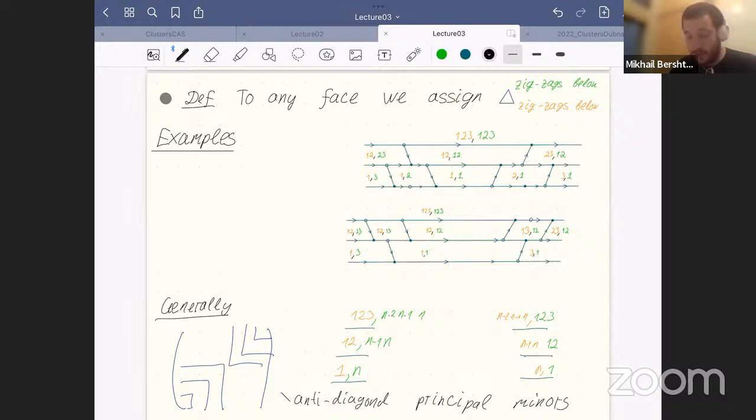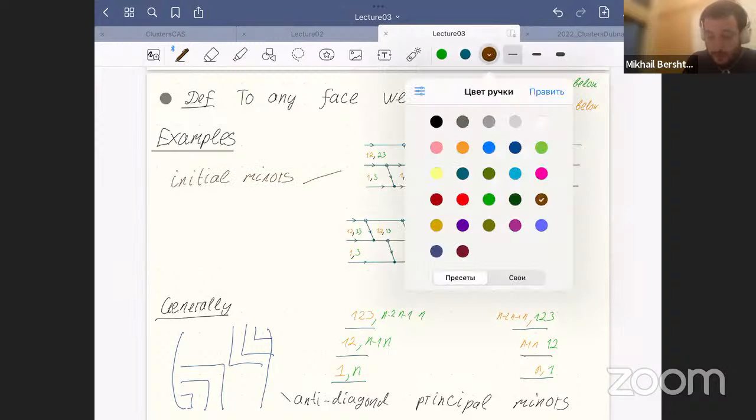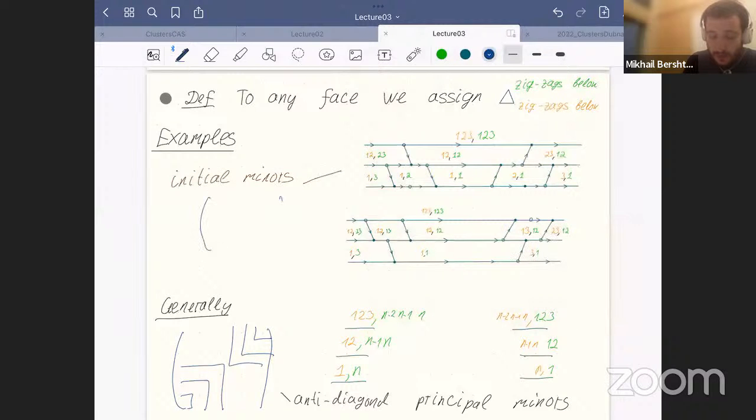Maybe I can also comment the following, that here on the first figure, all the minors which you have are initial minors. And I draw by picture what is an initial minor. It is a minor which is constructed as follows.